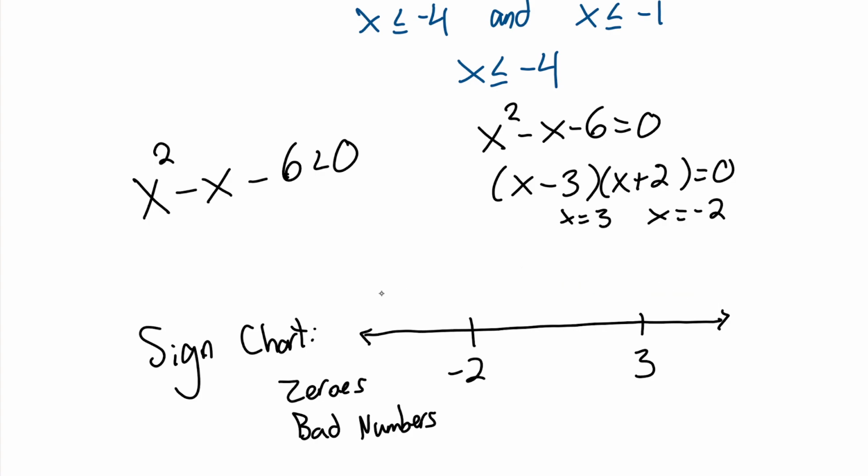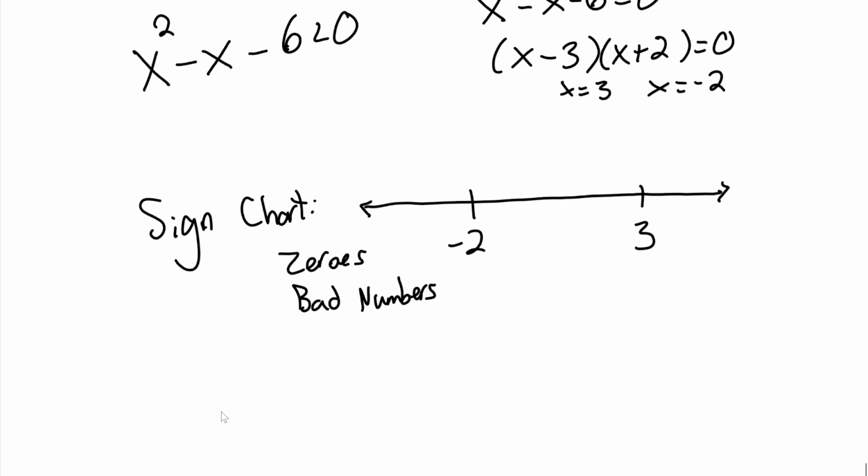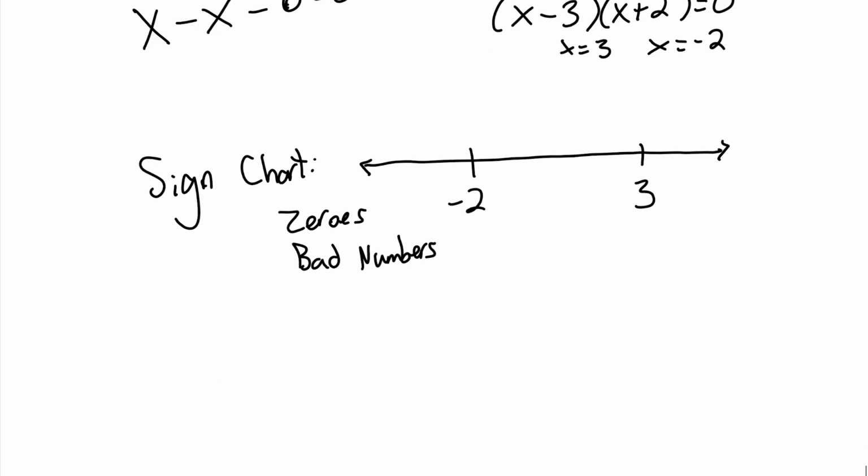Okay. So we take 3 test points here, and one in each region. So maybe we look at 0. f of 0 equals 0 minus 6 equals negative 6. You don't even really need to know what the actual value is. You just need to know if it's negative or positive. So here it's negative.